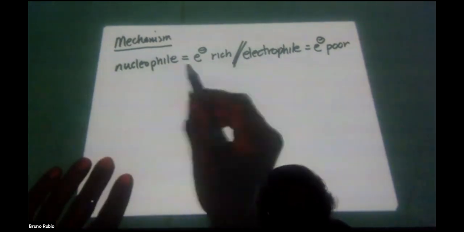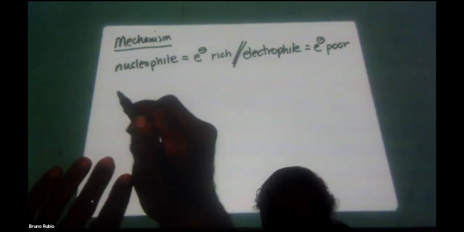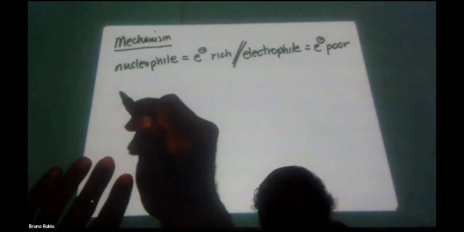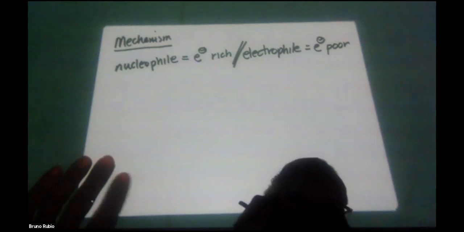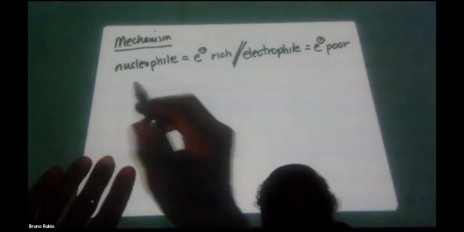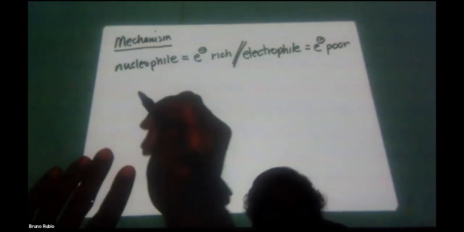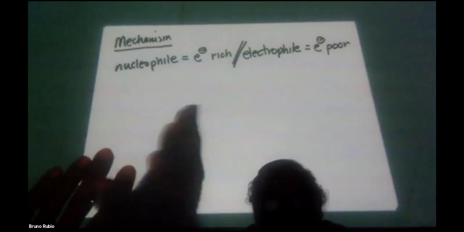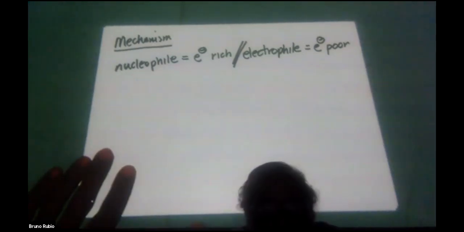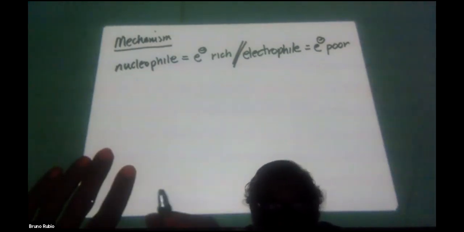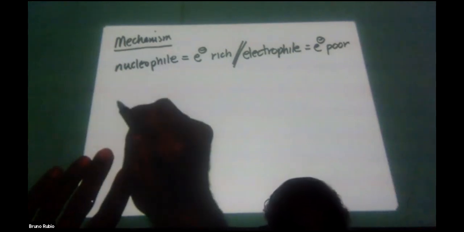So the mechanism here is, let's see, let's start with an alcohol. I want to make this alcohol a chirality center, because one of the important features of this reaction is its inversion of configuration.